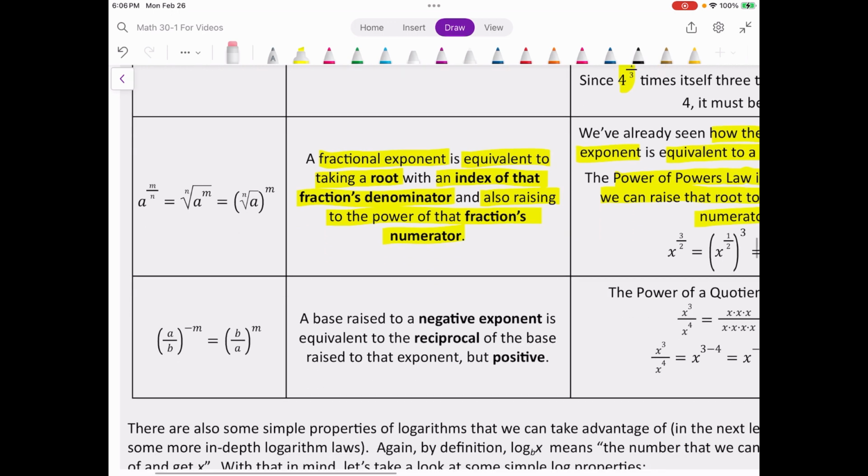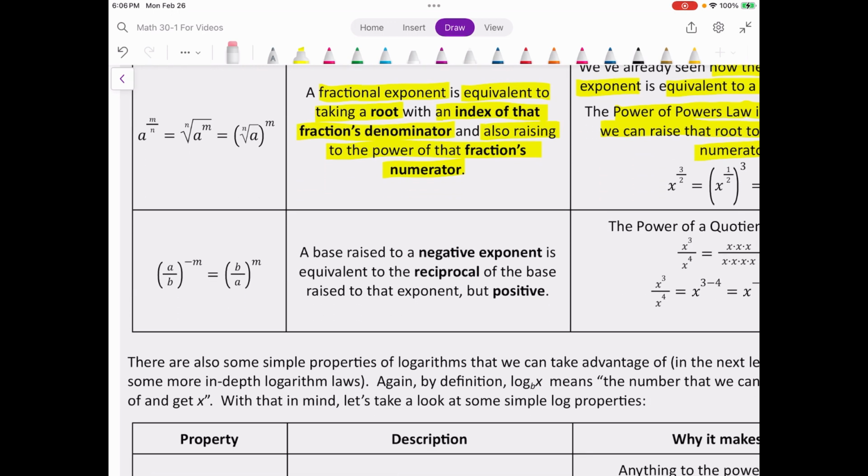All right, and the last one here, just the negative exponent one. Again, we've talked about this, but a over b to the power of negative m is the same thing as b over a to the positive m. And so all that's saying is that a base raised to a negative exponent is equivalent to the reciprocal of the base raised to the positive version of that exponent.